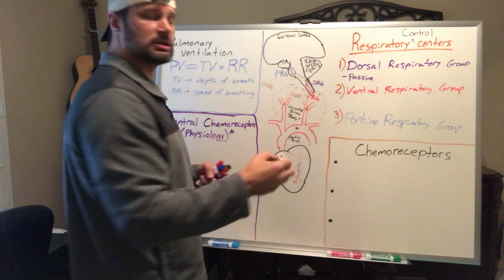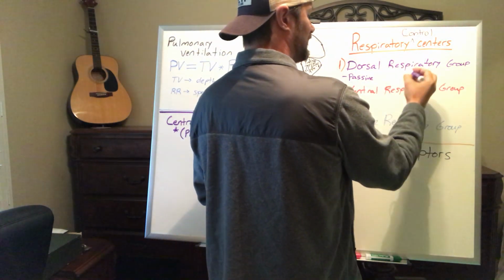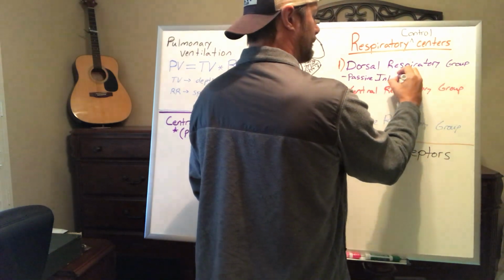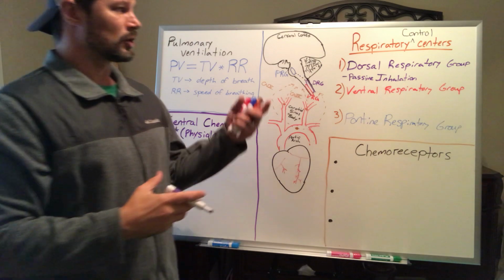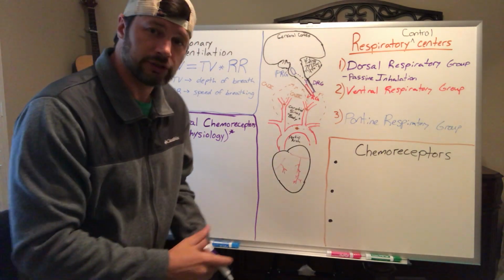So the PRG is going to communicate with the DRG, and it's going to allow us to have passive inhalation, which is cool. Because as long as this group of neurons is active, excitatory, then you're breathing in.